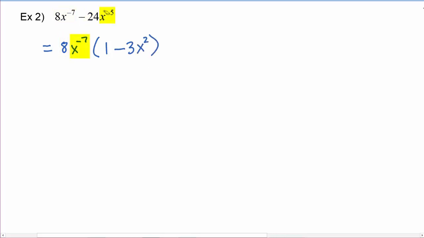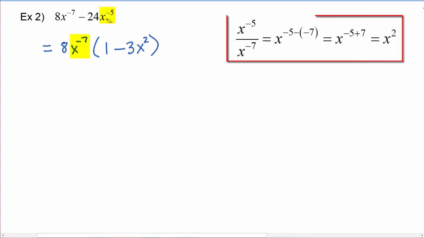And again, the x squared is because when we do x to the negative fifth divided by x to the negative 7th, we're really doing x to the negative 5 plus 7, which is 2.